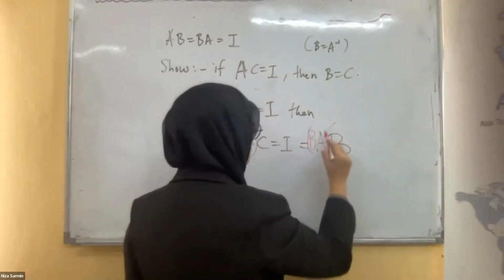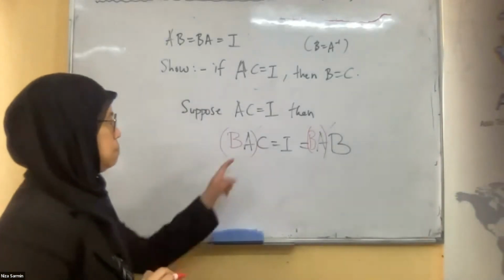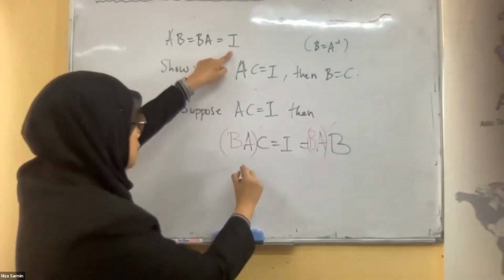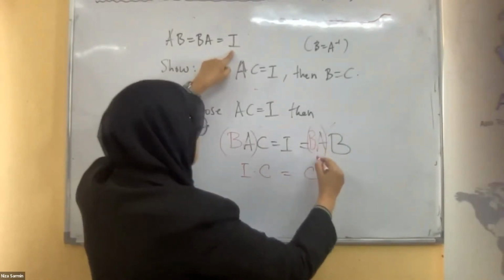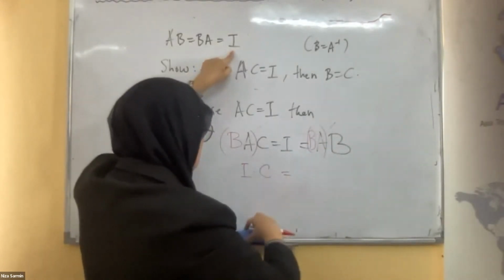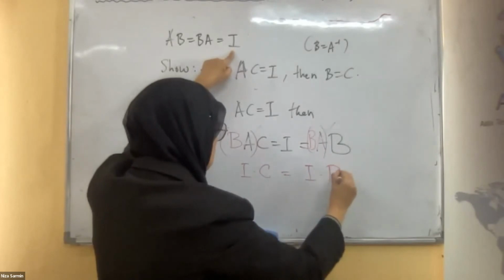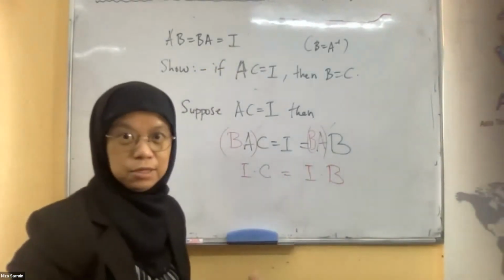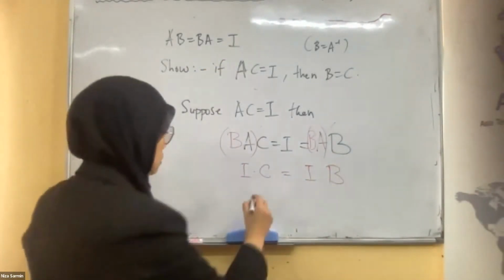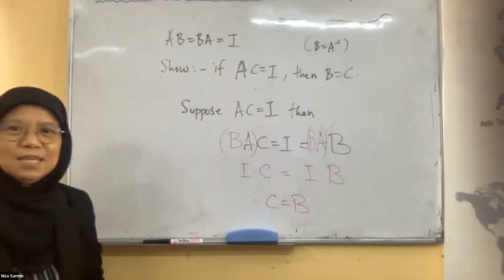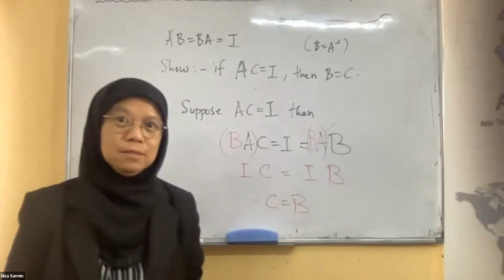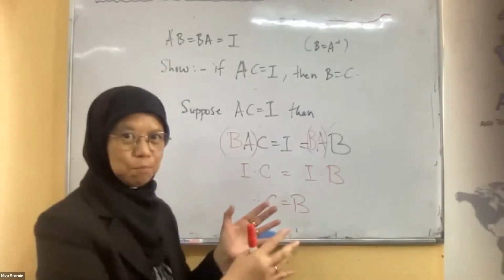B times A is I. And the identity matrix times anything is that matrix. So the key is to multiply by the inverse on the same side, both sides.